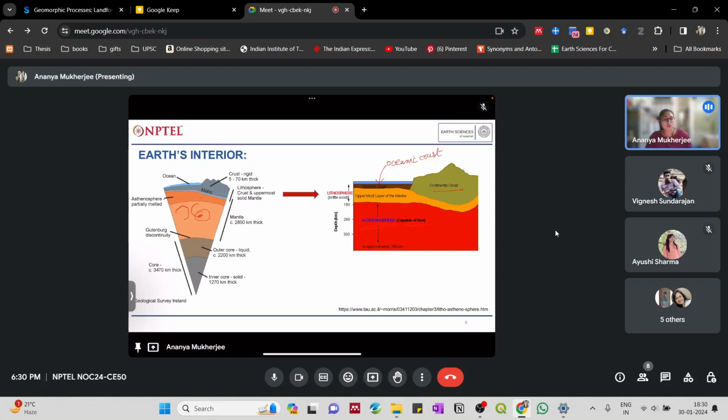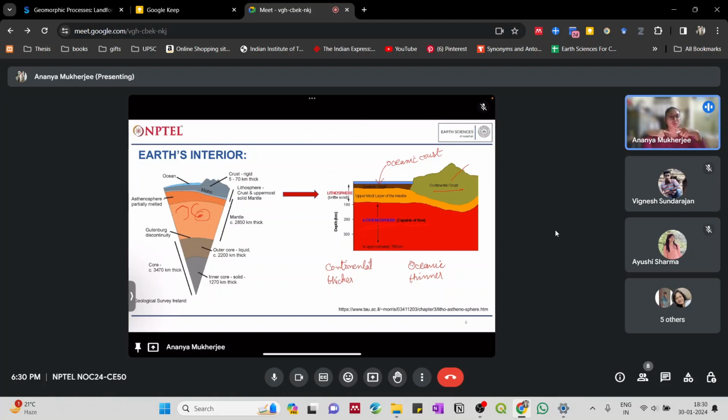I'll just write it here, continental and oceanic. Continental crust is thicker, while your oceanic crust is thinner in nature. Why is oceanic crust thinner? Because oceanic crust is more susceptible to destruction and newer crust being formed.